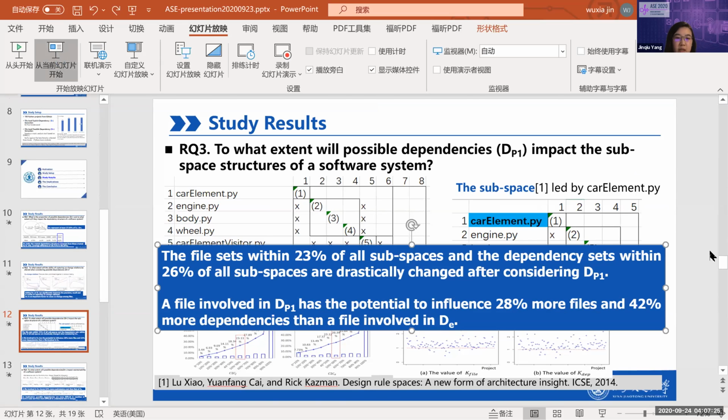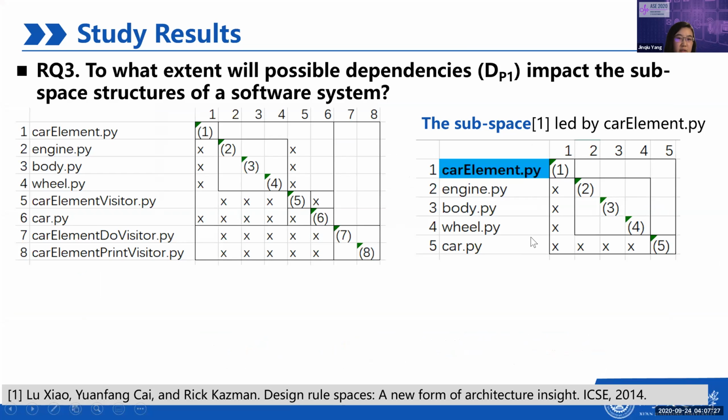Yeah, the subspace is based on design rule theory. For example, this example shows the subspace. The left figure shows the dependency structure of 8 files. Of these 8 files, the subspace can be obtained by splitting this dependency matrix.